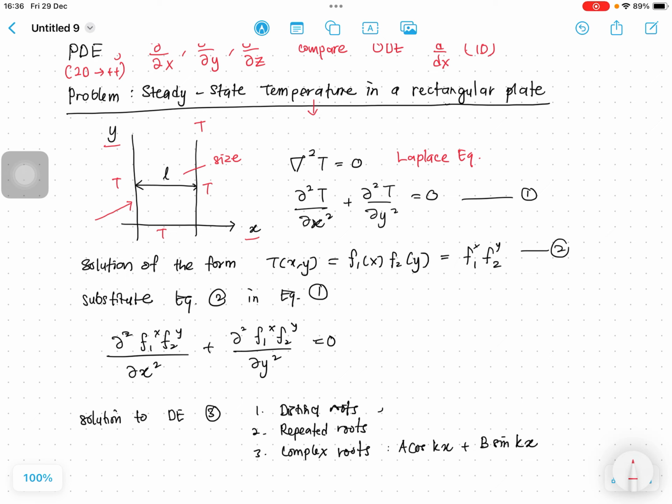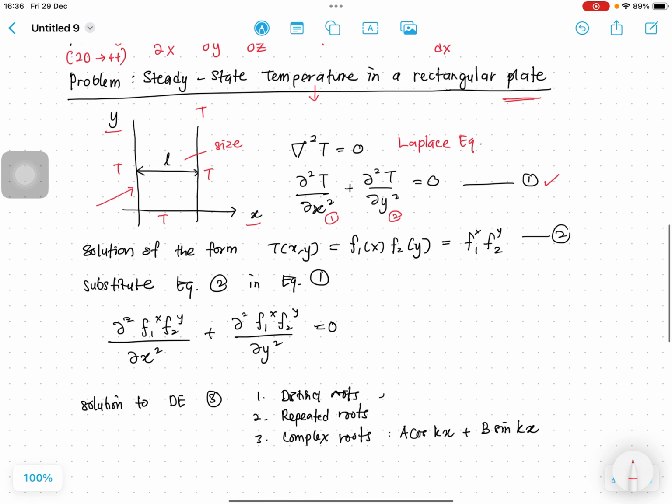Because it's in two dimensions, the first term is partial square T over partial x square, and then partial square T over partial y square. You have two terms because of the plate. That is the relationship. I call this equation 1, and usually the solution we take will be in the form of equation 2.